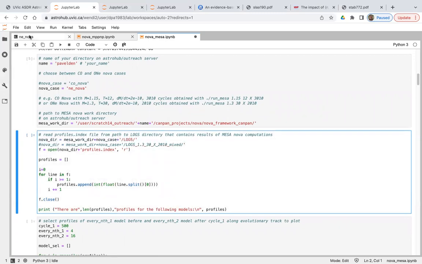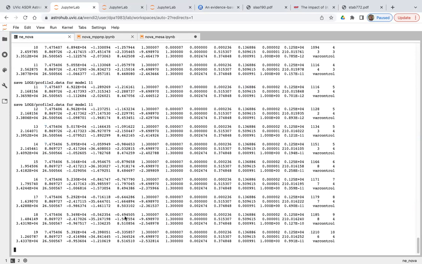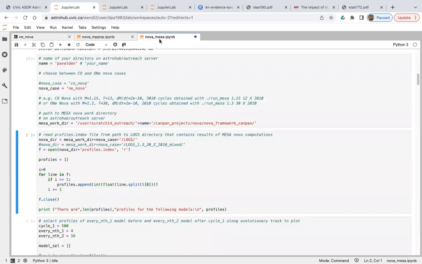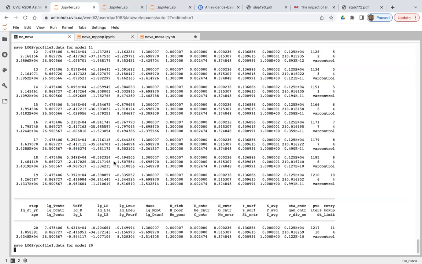While you are running nova MESA evolutionary computations like here, right? The results of these calculations are saved in the standard MESA directories logs and photos. So this notebook can be used while your nova evolution computations are still running.